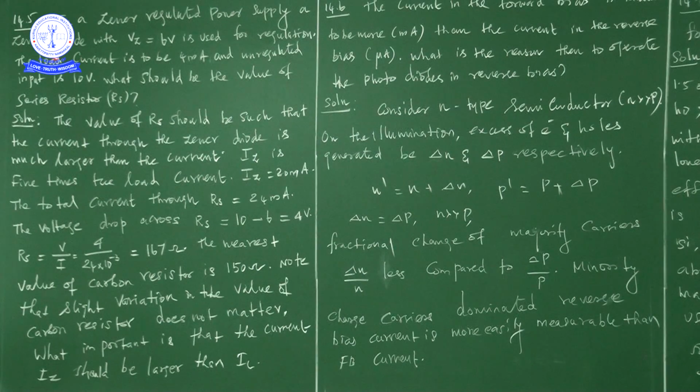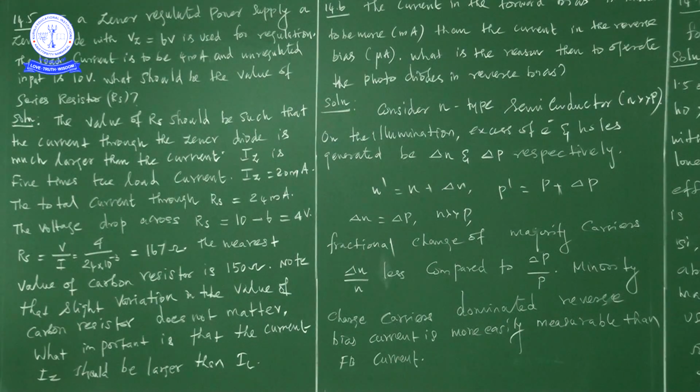So in the question, in a Zener regulated power supply, the Zener diode has VZ equal to 6 volt. VZ equal to 6 volt is nothing but the voltage across the Zener diode, or the voltage across the load resistor. In the Zener diode voltage regulator diagram, there are two resistors: one is the series resistor, and another one is the load resistor.